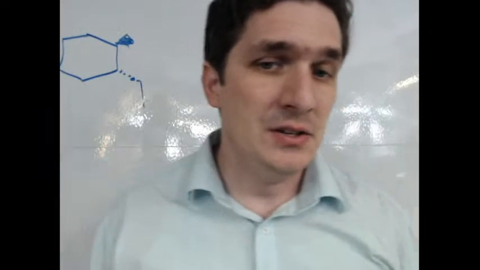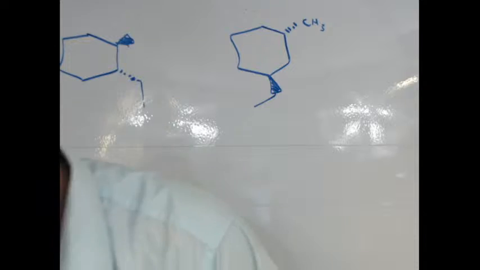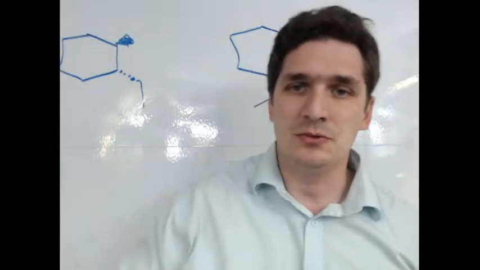Again, the easiest thing to do is build the model. So I'm going to take my model, depending on what I did with it. And I've got my methyl group and I've got my ethyl group.